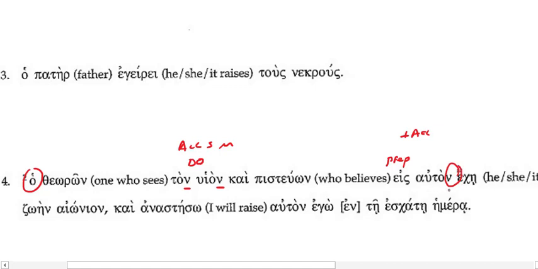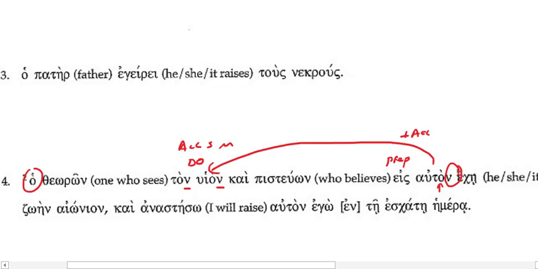You see the nu? Omicron is what declension? Second. Do we have nu's in the second declension? Yes. Did we already have a masculine noun over here? Yeah. So this pronoun seems to be referring back to the huion, right? The one who sees the son and believes in him, the son.